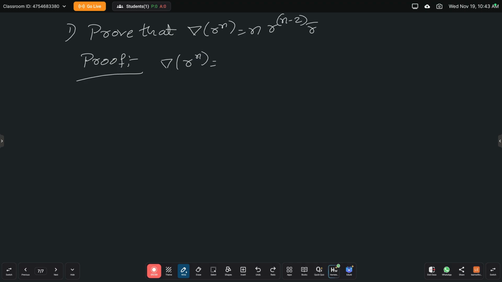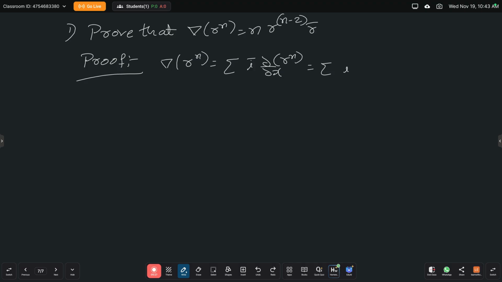What is r? r is a scalar in terms of x, y, z. r power n is also a scalar in terms of x, y, z, so assume this as phi, and take del phi. Del phi is i bar into dou phi by dou x plus j bar into dou phi by dou y plus k bar into dou phi by dou z. In the form of summation, it is summation i bar into dou by dou x of r power n.